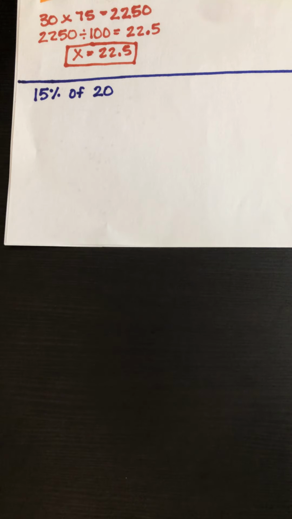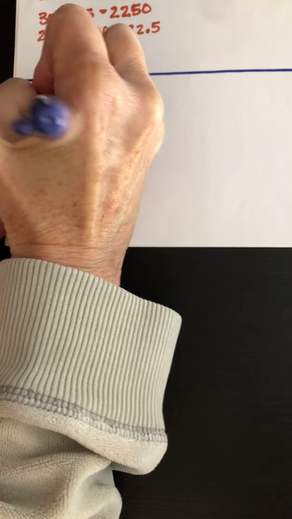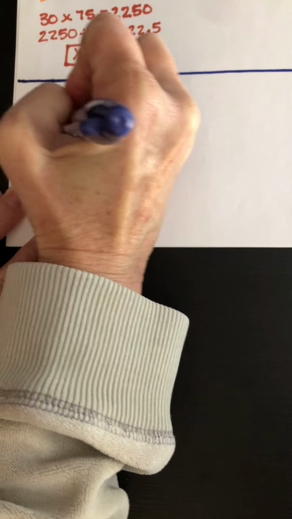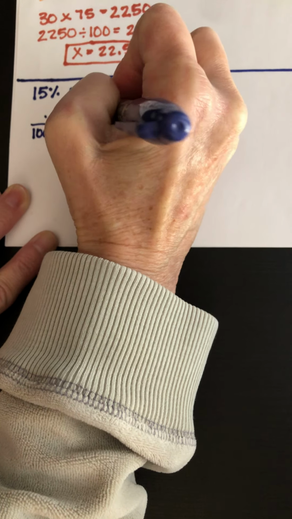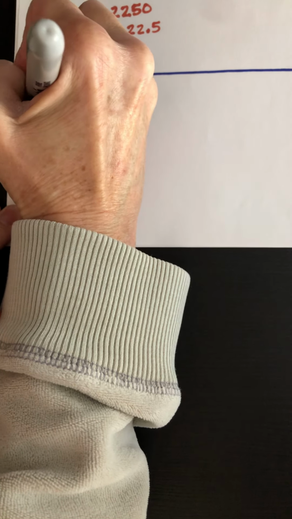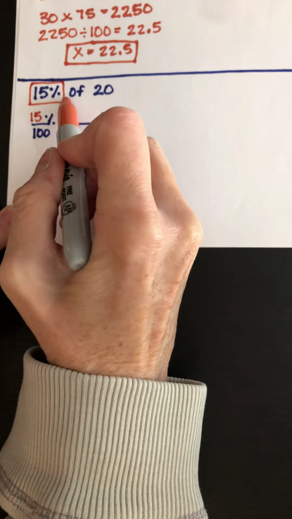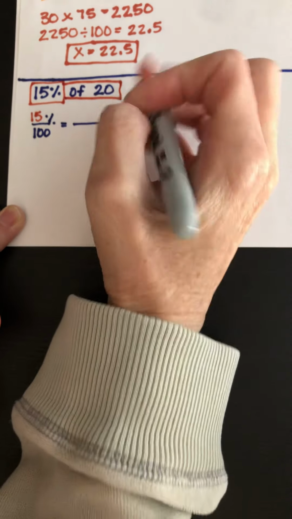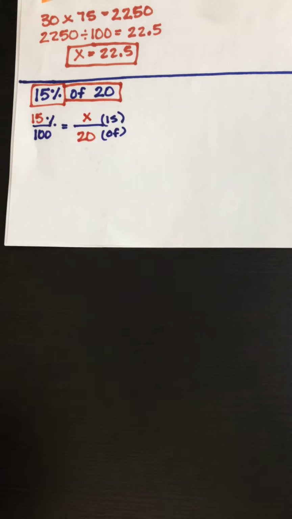And I want to know how much money I'm going to save for that shirt. So again, you're going to set up your problem. Percent over 100 equals is over of. Plug in our values. 15, there's my percent. 15% goes on the percent of 20 goes down below. And I want to know, how much money am I going to save?